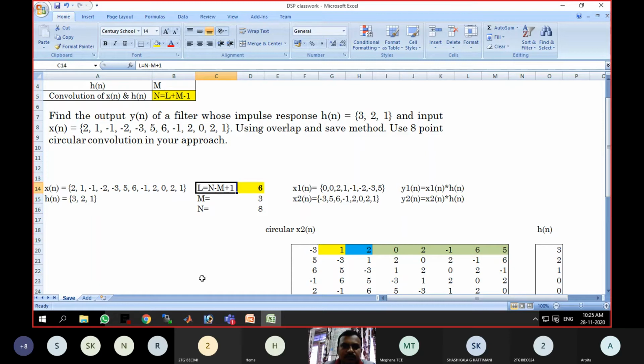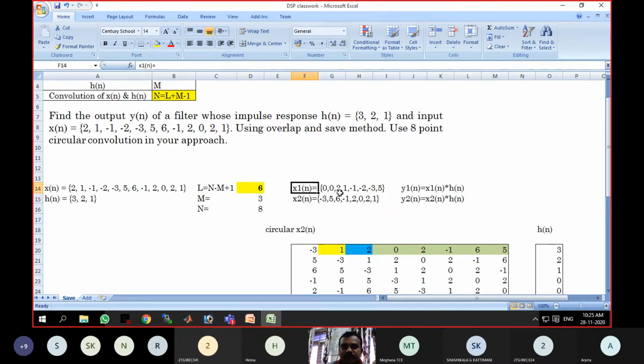So L is equal to N minus M plus 1, which results in 6. So I need to take 6 elements from the original x of n and M minus 1, that is 3 minus 1, which is 2 elements from the previous block. That is the segmentation of how we are going to perform it.